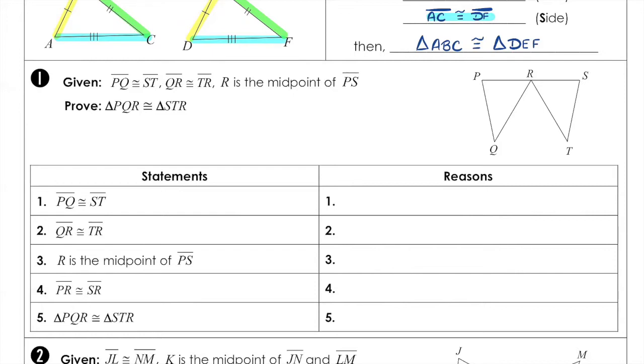Okay, PQ is congruent to ST. Let's go to our diagram on the right and label that piece. PQ is congruent to ST, and that's in that yellow right there. Good. What else was given to us? QR is congruent to TR, and we're going to go double tick marks.